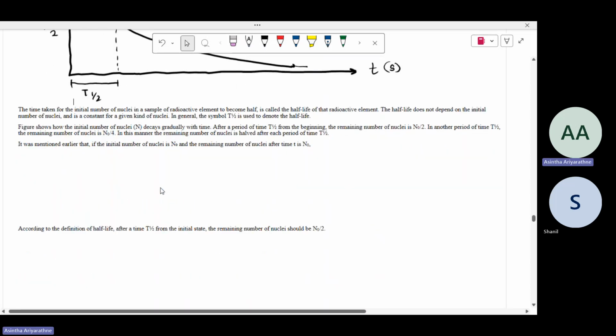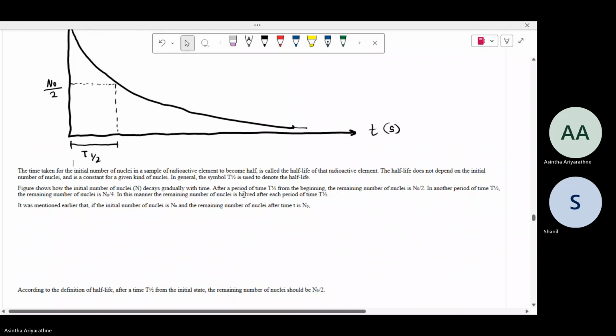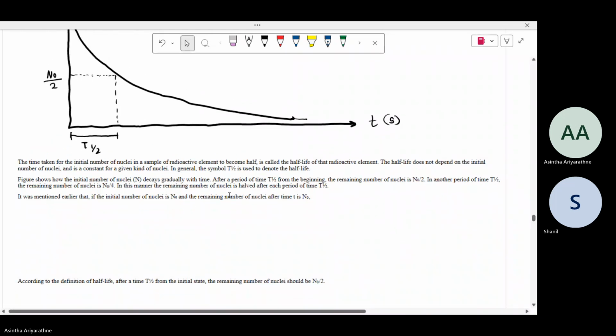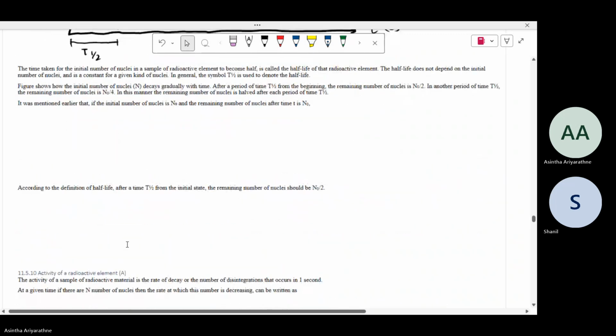So we can find here, considering this region, right?